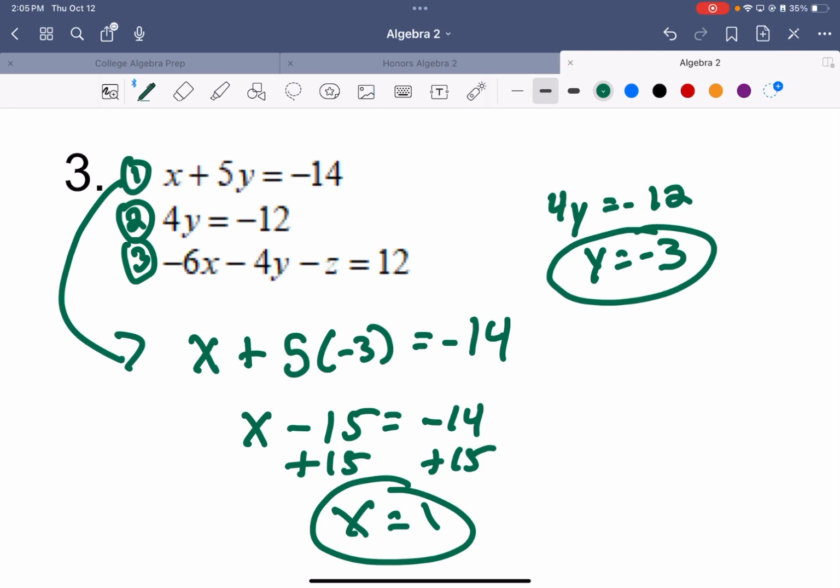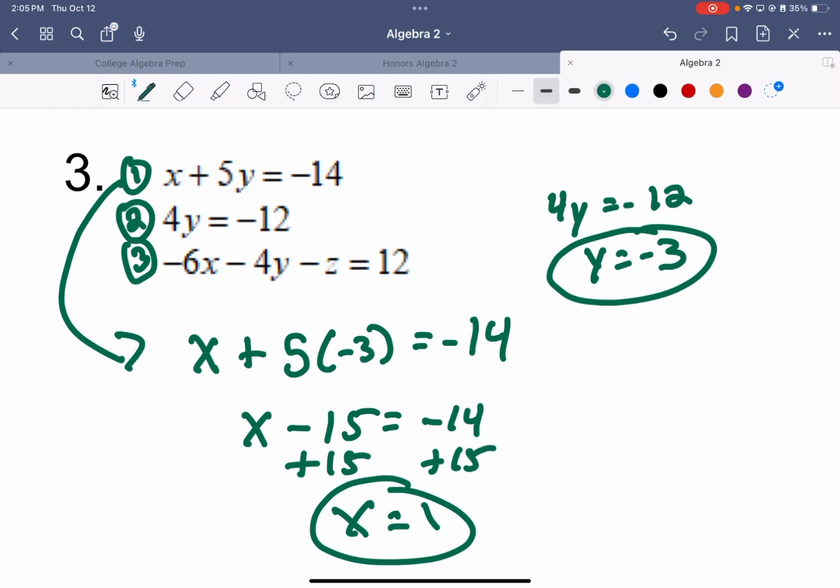Now this is kind of nice. Everything kind of works out, right? Because now if we look at equation 3, I know my x value, I know my y value, and then I can just solve for z. Don't have to do any of that elimination stuff or substitution stuff with two equations.